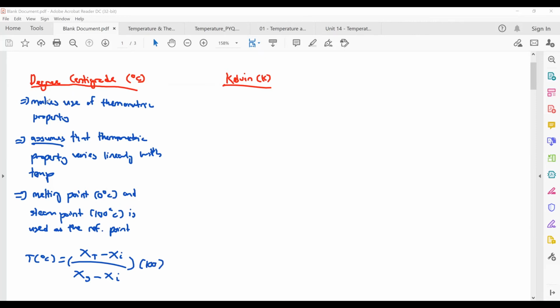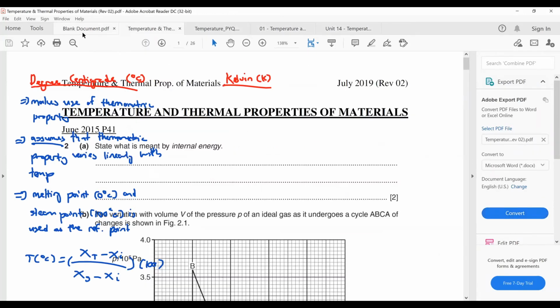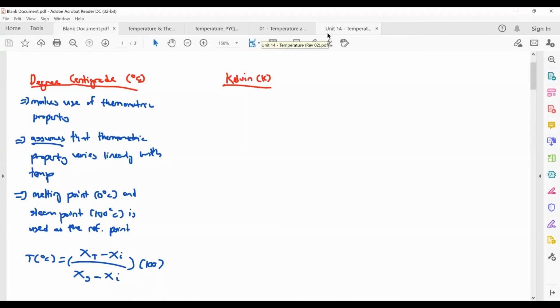In degrees centigrade, you make use of thermometric property. You assume that thermometric property varies linearly with temperature. Melting point and steam point were used as the reference points. So eventually you got this, right? The one I showed you here. Those were the few things that you needed to do to find temperature in centigrade scale. But then there are a few problems with using a degree centigrade scale.